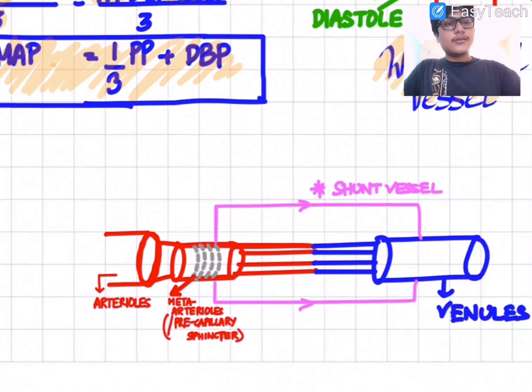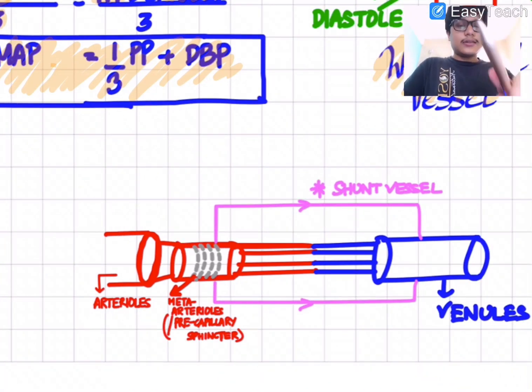And one final concept which you should remember is that the aorta will give rise to the arteries, which will branch out into arterioles, and from the arterioles there is one entity which is very less discussed in cardiology, and that is meta-arterioles. Now, what are meta-arterioles?